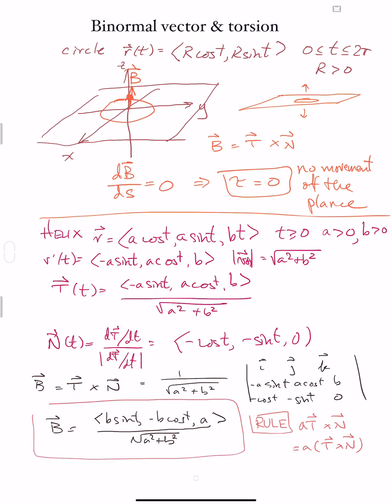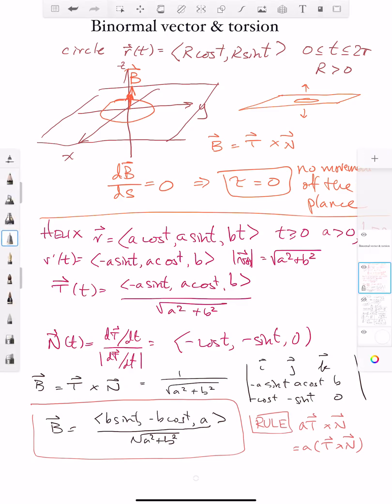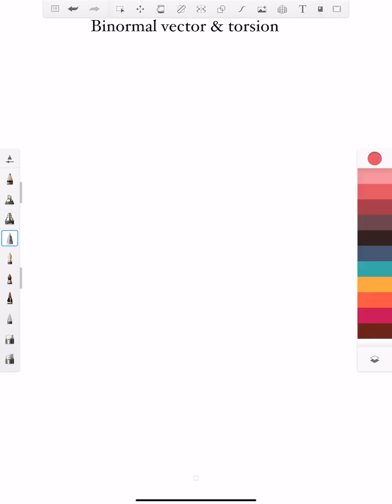That's this here. Okay, so what I'm going to do is I'm just going to change pages once again here, and then we'll look at that vector with differentiation, right? So let me just copy that down again. So what I just computed was that the binormal vector is the vector b sine t, minus b cosine t and a, all over the speed, the root of a squared plus b squared.